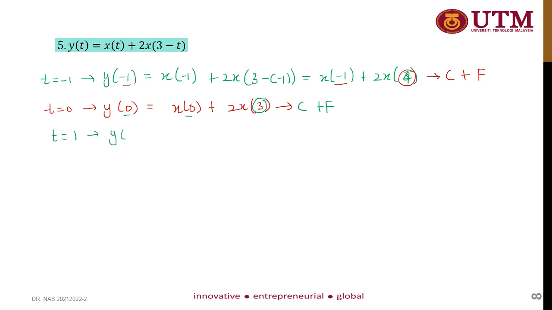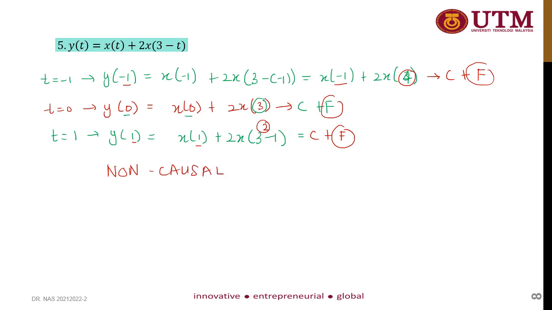So y(1) equal to x(1) plus 2x(3 minus 1). Here you get current state is 1, and 3 minus 1 is 2. So you have future values, current plus future. So again, let's check the overall system classification. You notice that there are future values in the equation, so automatically the system is non-causal.